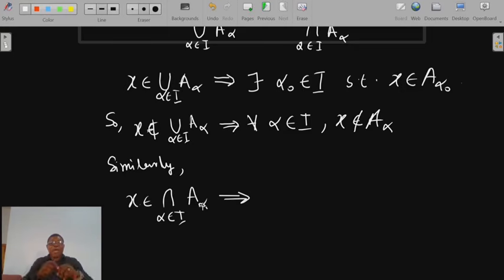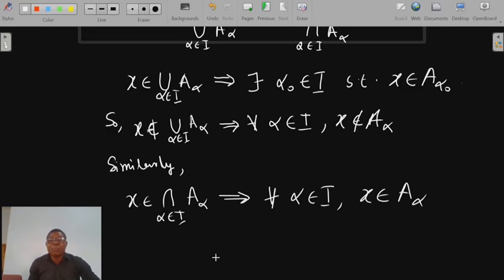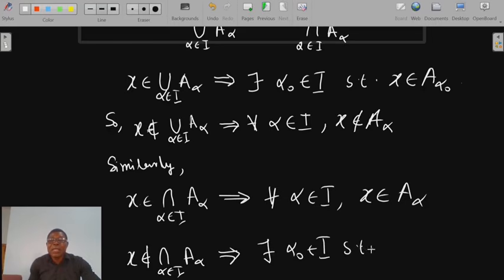Therefore, whenever we pick x in their intersection, what that implies is that for any alpha in I, x belongs to A alpha. So x not in the intersection over alpha in I of A alpha will imply that there exists alpha naught in I such that x is not in A alpha naught.